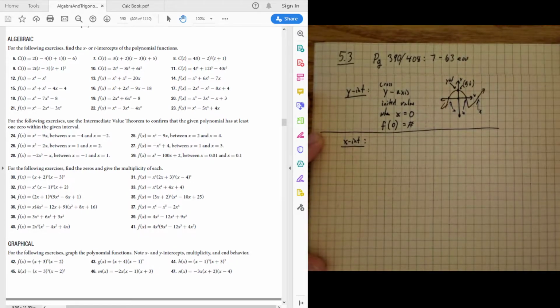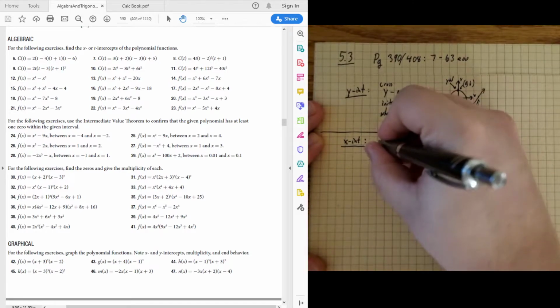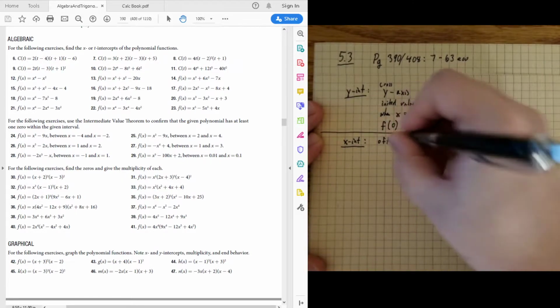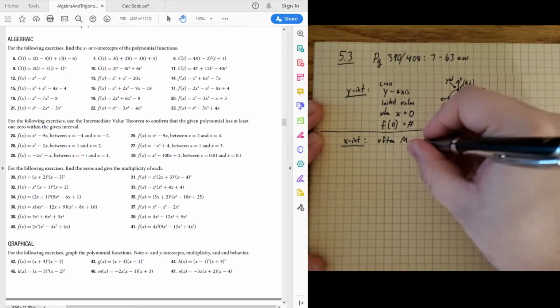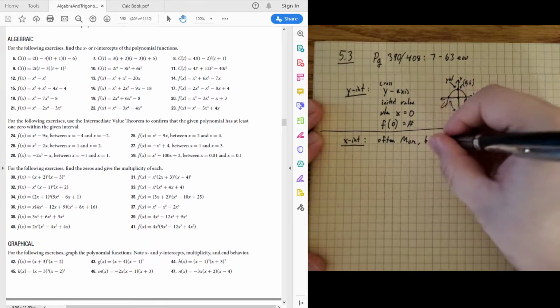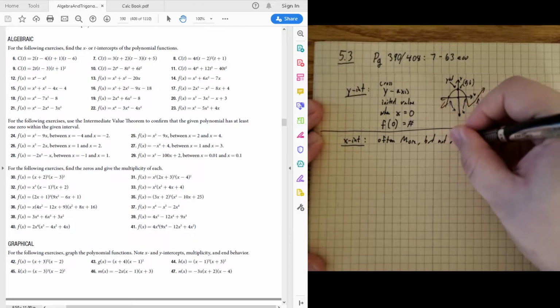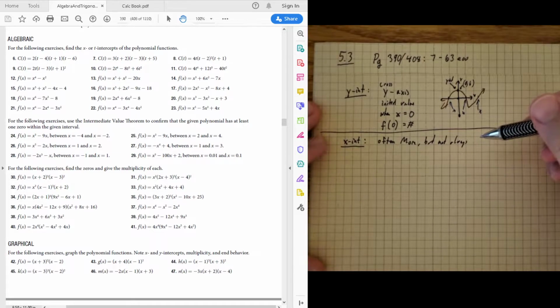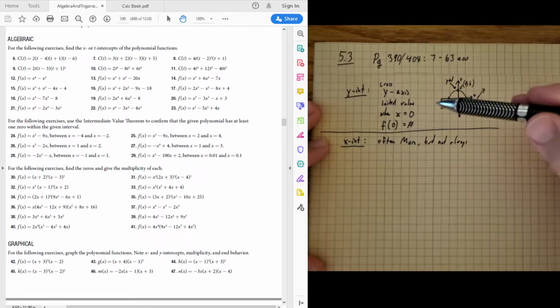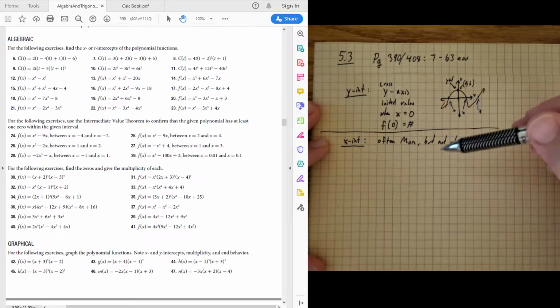So, frankly, usually for x-intercepts, there's often more of them. But not always. It is possible to have a polynomial that has 0 x-intercepts, although it is less possible to have one that has 0 y-intercepts. So, when it comes to x-intercepts, there's often more of them, which means there's often more work to do.